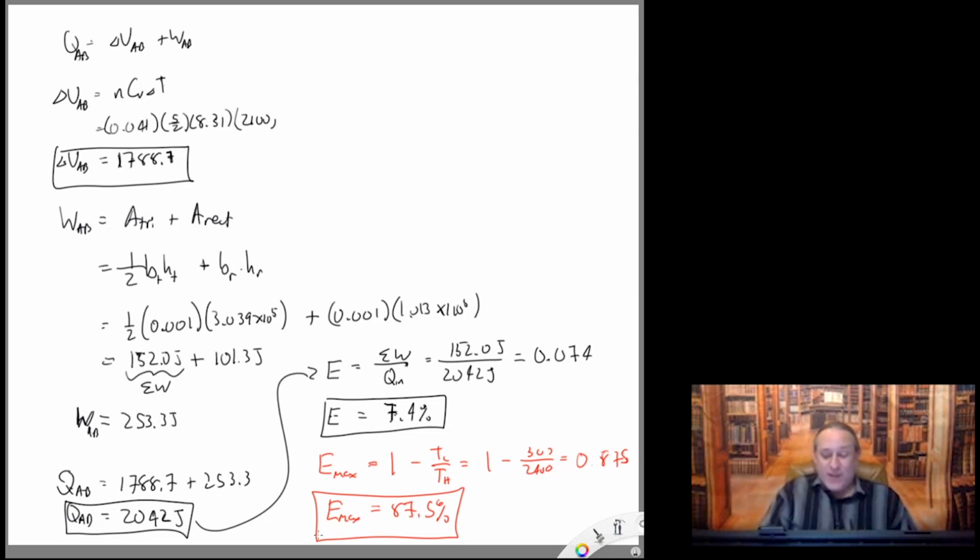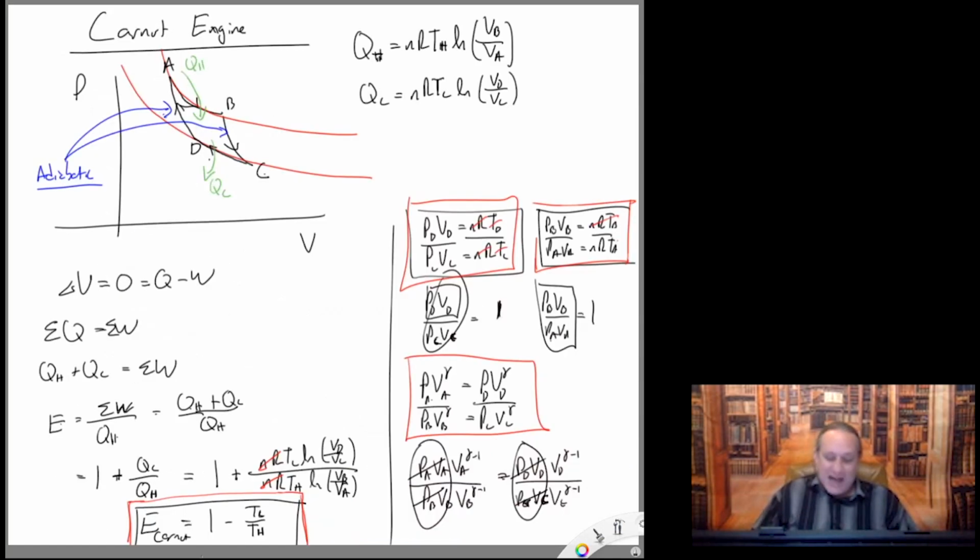However, if we found out that the maximum efficiency between the temperature extremes was, say, 10%, then I would say this isn't so bad. So how can we get a high efficiency? Well, we get a high efficiency when this ratio is small. How do we get a small ratio? Well, if TC is very cold.